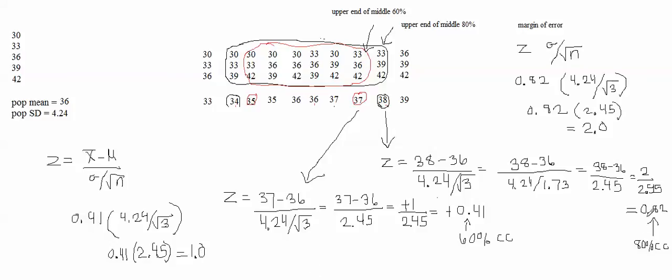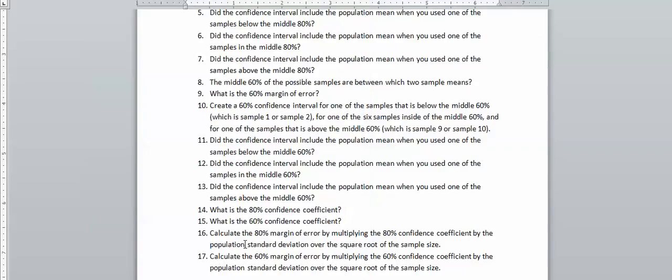So when the 80% coefficient goes into z, you get the 80% margin of error. If the 60% coefficient goes into z, you get the 60% margin of error. So our final answers were just, the answer to question 16 was 2, and the answer to 17 was 1. Those were the two margin of errors.